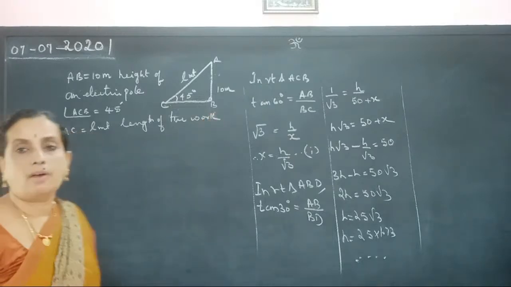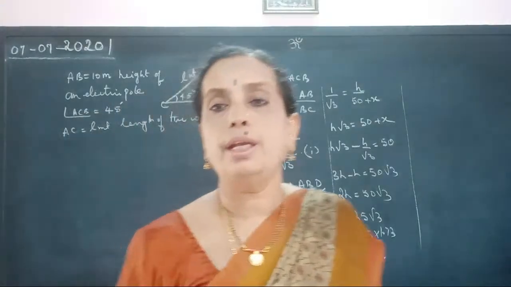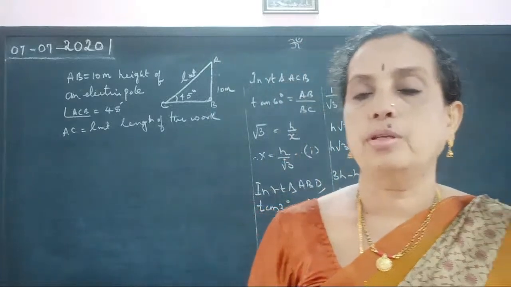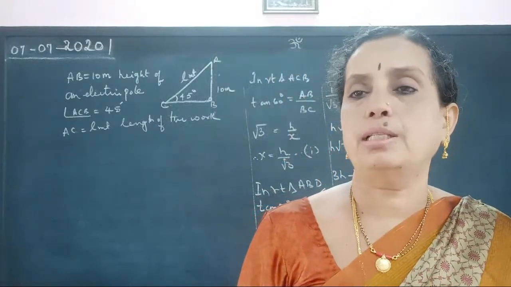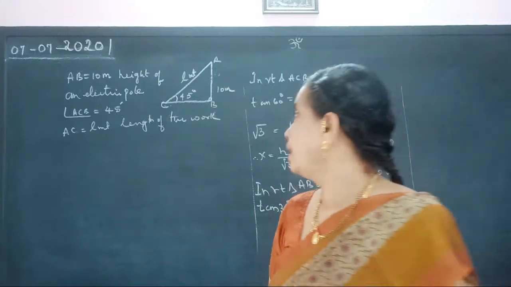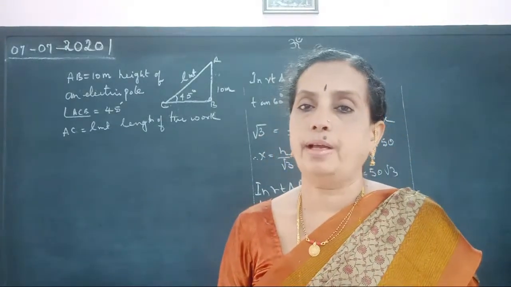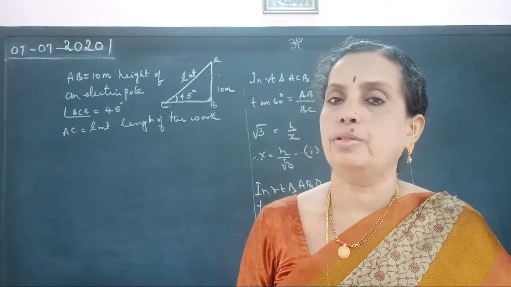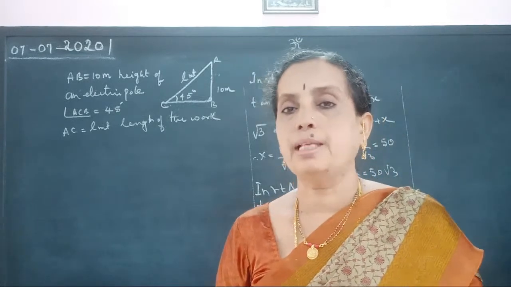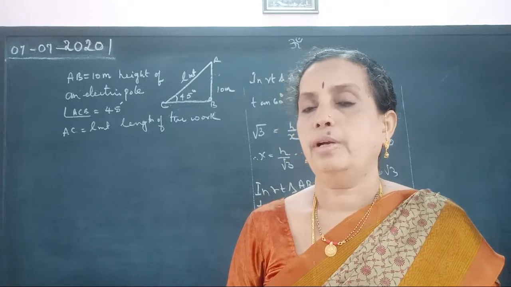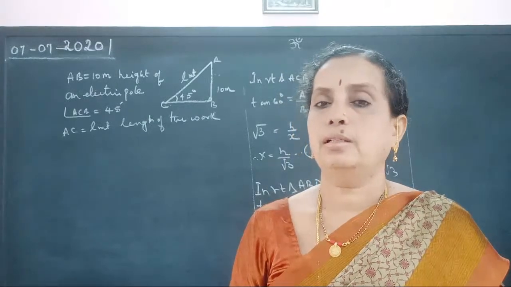So we have opposite side, we require its hypotenuse. What ratio we should consider here in right triangle ABC? What ratio we require to find out the hypotenuse when opposite side is known? What is the ratio we consider?